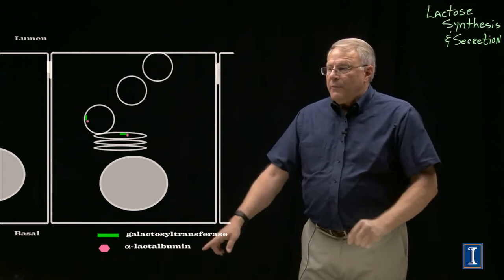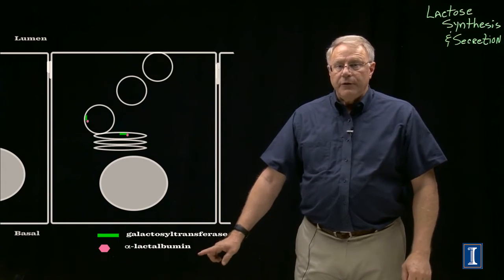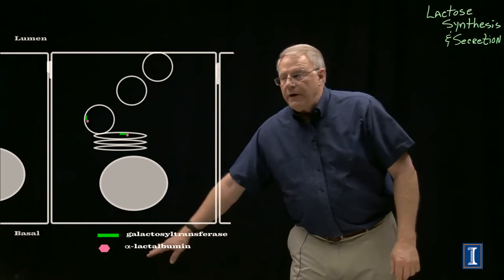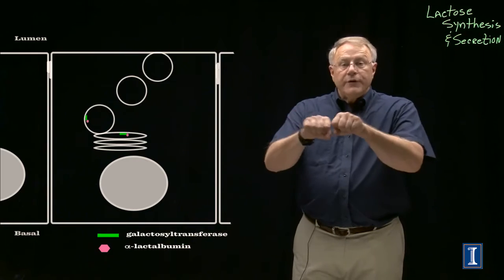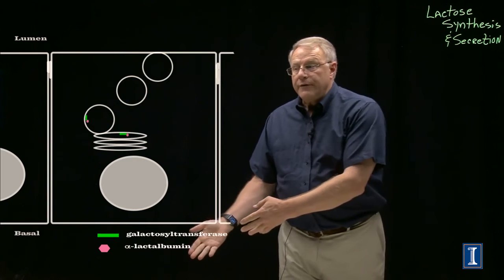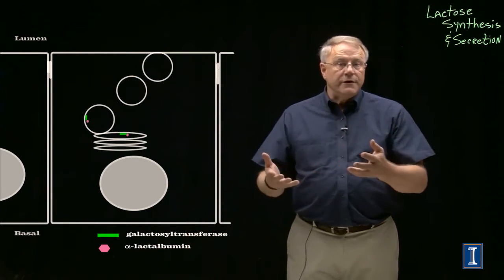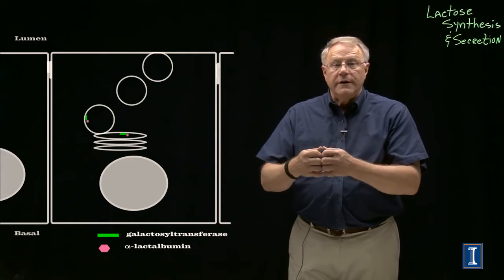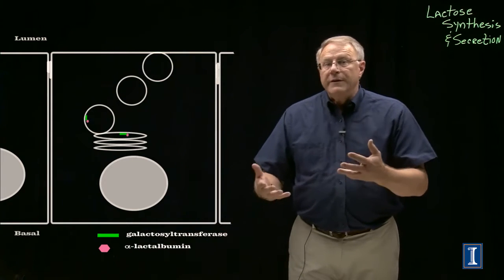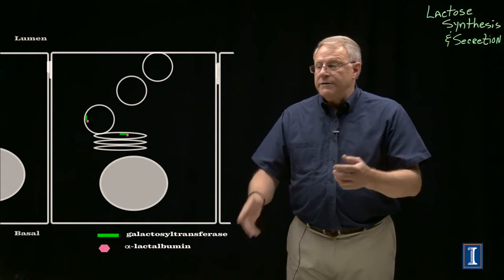However, there is a milk-specific protein produced in the mammary epithelial cell called alpha-lactalbumin. Alpha-lactalbumin is synthesized in response to lactogenic hormones, so it's controlled and regulated in that way. So we see it being expressed during lactation.